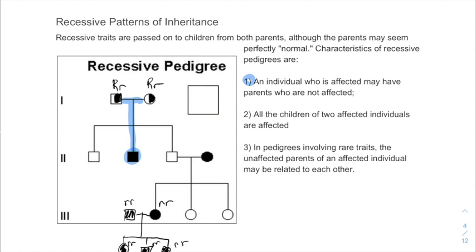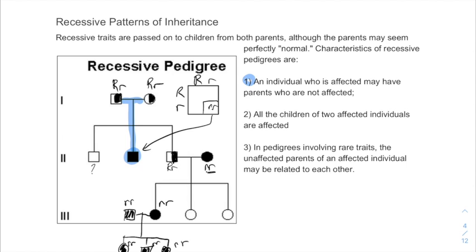We want to be able to have a cross where we have the heterozygote cross with that recessive child. That is this one right here. We don't actually know the genotypes of this person, but when we see that there is an affected child here, this also goes back and identifies this child from generation 2 as a carrier, because only a carrier and an affected, or a carrier and a carrier, can have children with that disease.